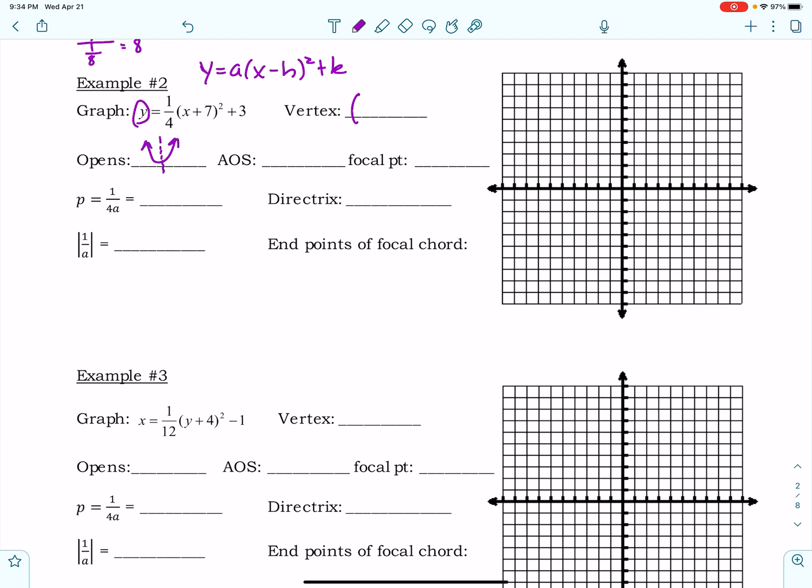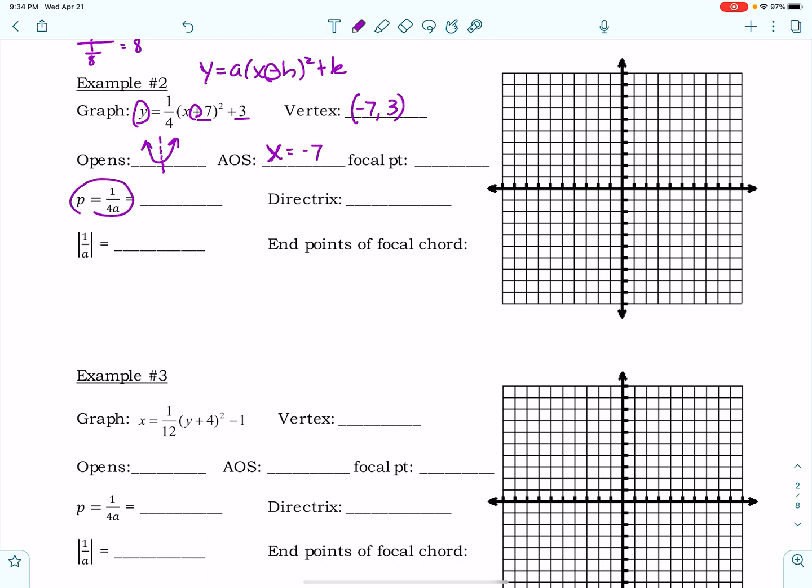My vertex, remember, there's H, there's K. Again, this is negative and this is positive, so that means -7, +3 for my vertex. That means my axis of symmetry is x equals -7. It's a vertical line because my parabola opens up.